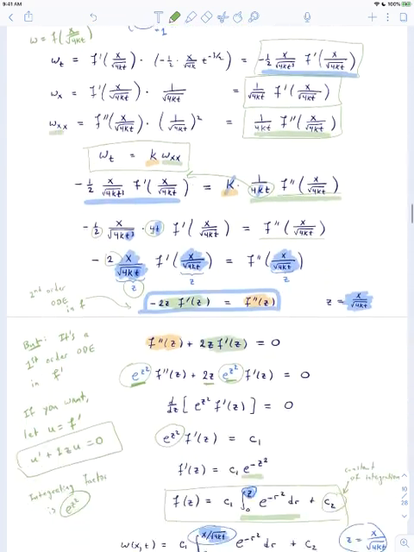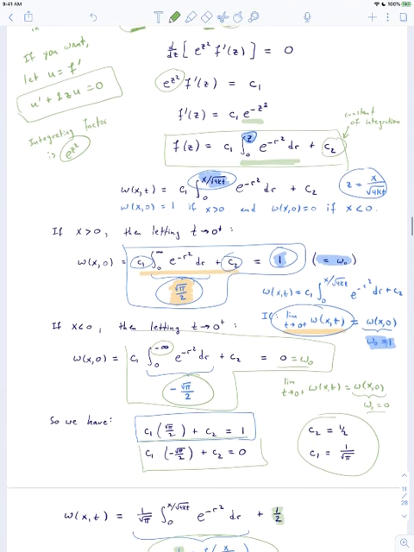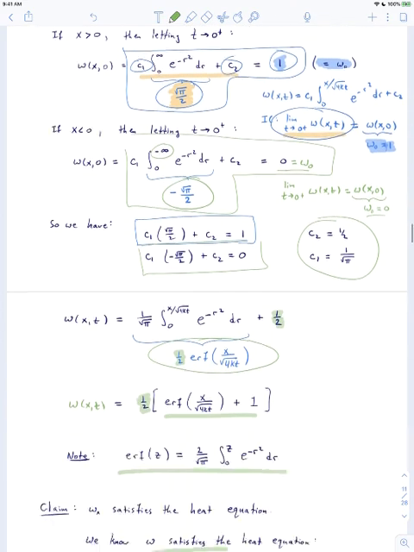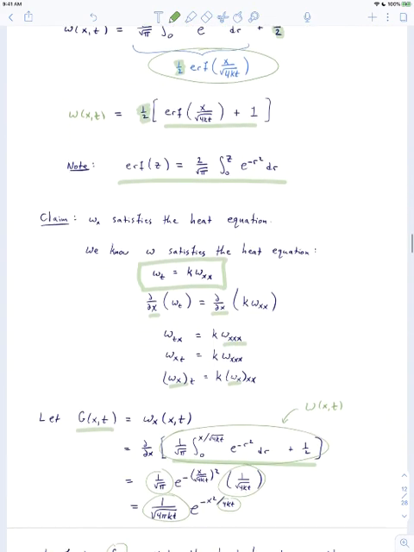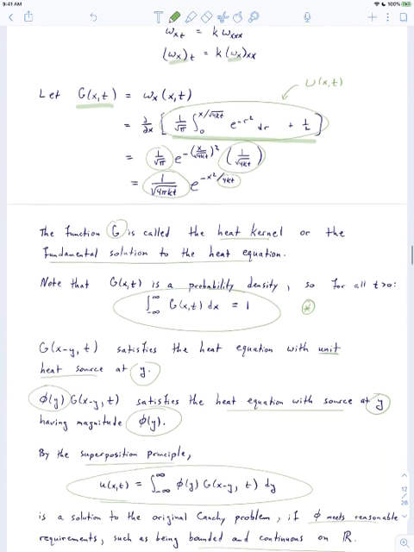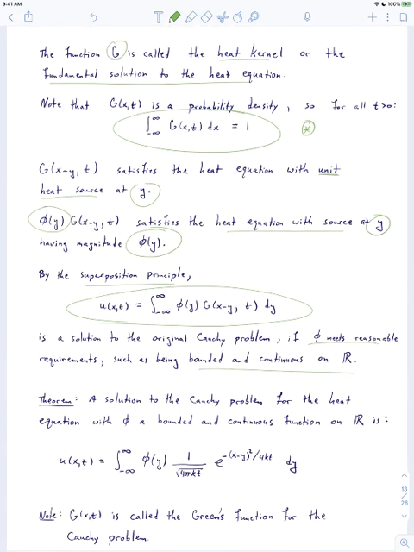So now what we've done is we've gone through this first simplifying assumption where we had a step function, and then we found a solution for that initial value problem. And then what we comment on here is that we can translate to get a unit heat source at any y.